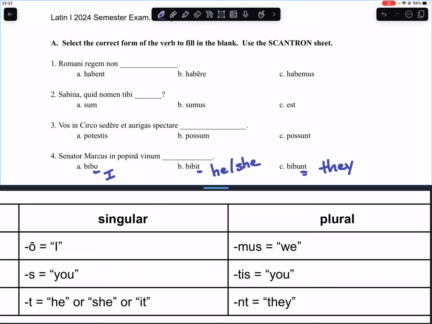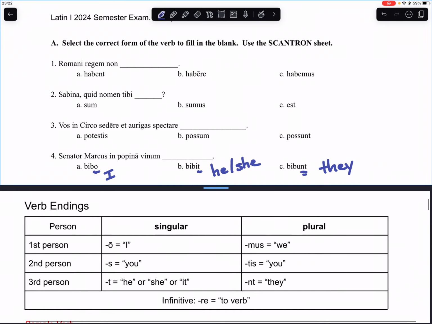What you have to figure out is who's doing this verb in this sentence. And if I look in my sentence, I see that it's a person named Senator Marcus. And if you think about Senator Marcus, which one of these three things is Senator Marcus? An I, a he or a she, or a they?